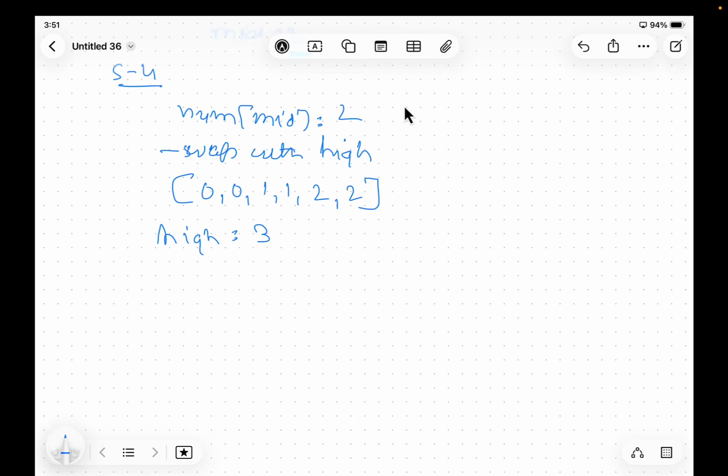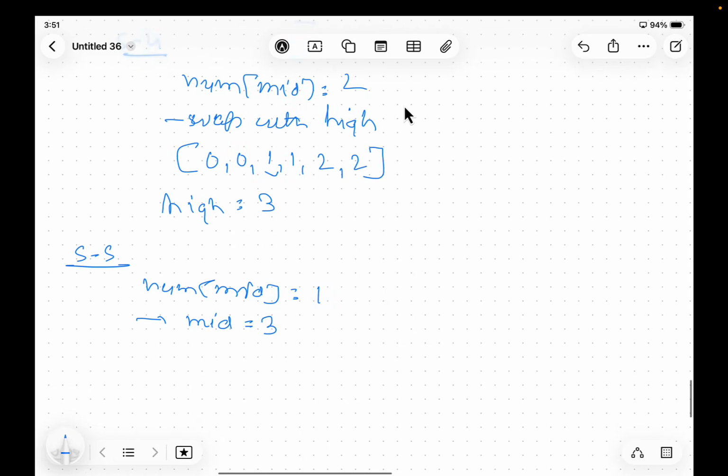Coming to step 5 now. So in step 5, nums of mid, mid is still 2, that is equal to 1. Okay, so in case of 1, what do you have to do? You have to simply move the mid. No change in the high, no change in the low. So I am going to make mid equal to now 3.